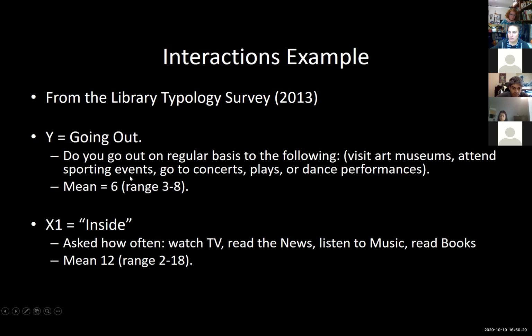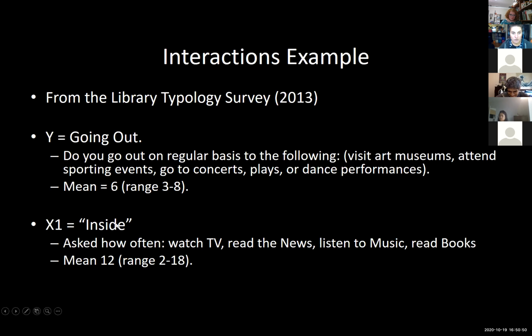Do you attend sporting events, go to concerts, go to plays, go to dance performances? And for each one, you could say, yes, I do this regularly, or no, I don't do this regularly. And so I took a sum of these. The average was 6 things. People do 6 things regularly, with a range of 3 to 8. Again, pre-pandemic. Now I do 0 of these things ever.